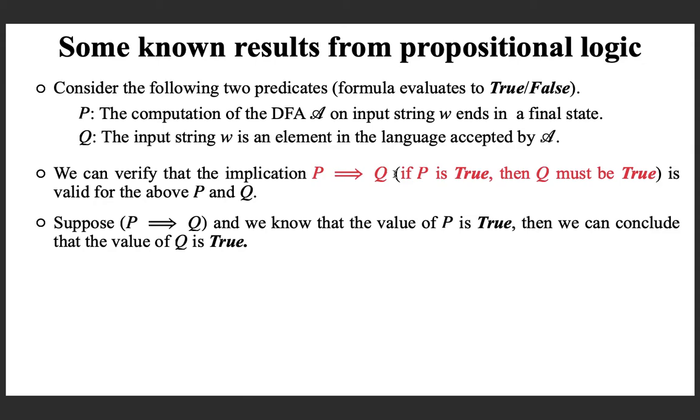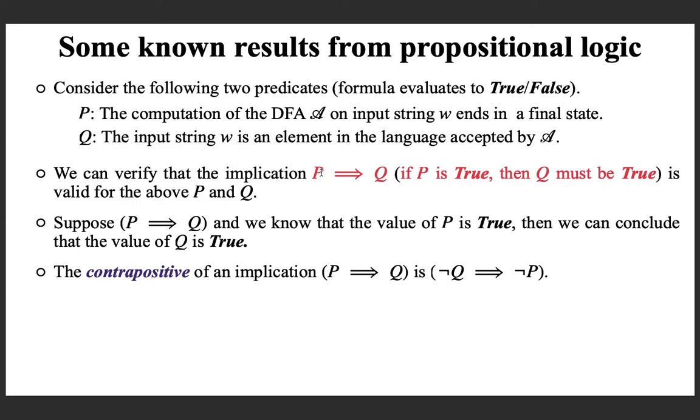It is also known from propositional logic that when an implication P implies Q is true and P is also true, then Q must be true. In this example, if the computation ends in a final state, then the input string must be in the language. So if you have P implies Q and you know that the value of P is true, then Q must be true.